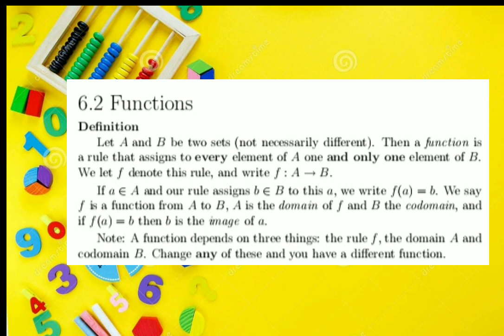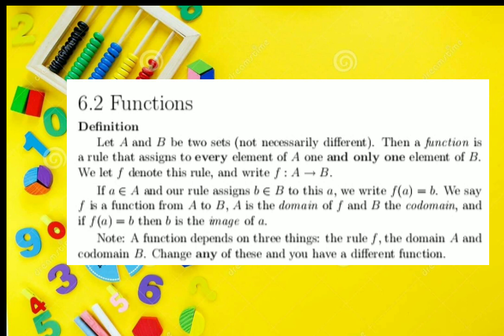If a is an element of A and our rule assigns b, an element of B, to this a, we write F(a) = b. We say F is a function from A to B. A is the domain of F and B is the codomain.